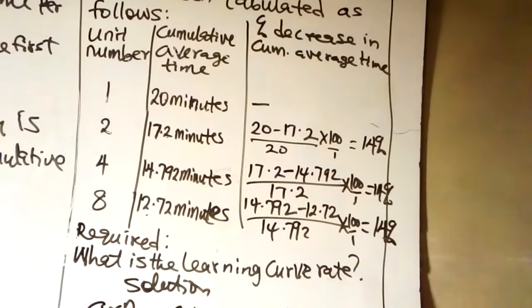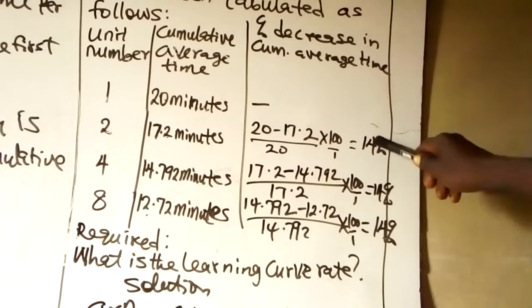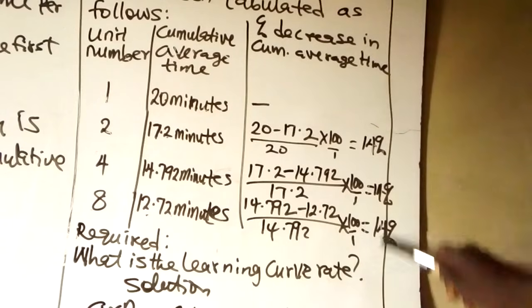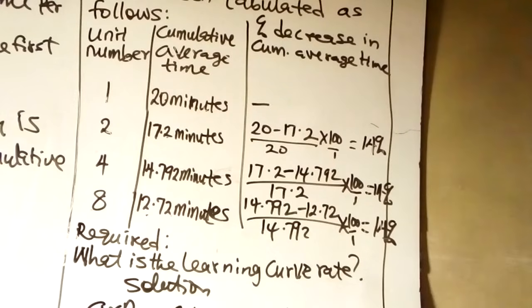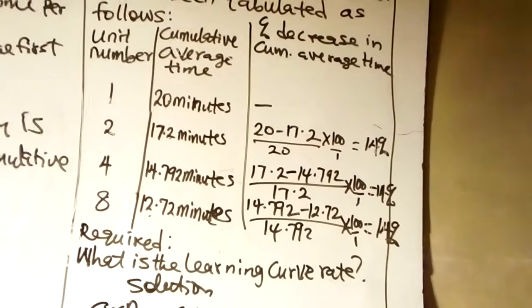So since we have this, our learning rate now, you subtract the percentage decrease, 14%, from 100. 100 minus 14 gives us 86. Therefore, our learning rate is 86%.